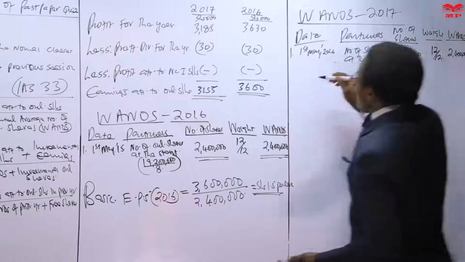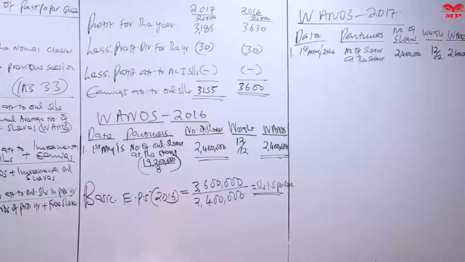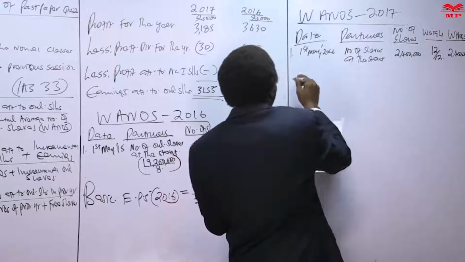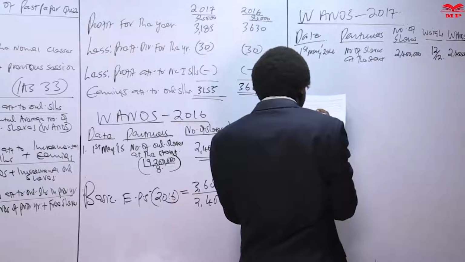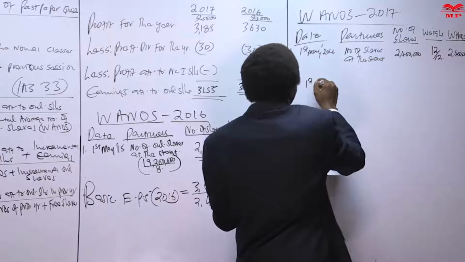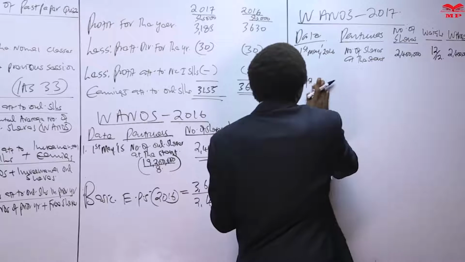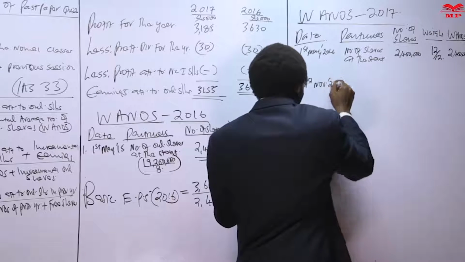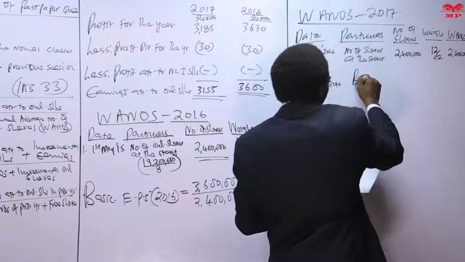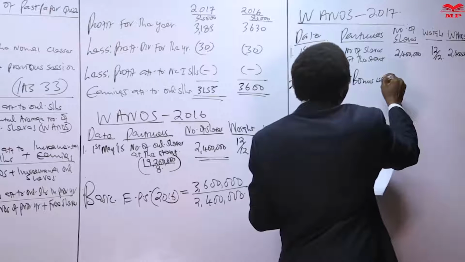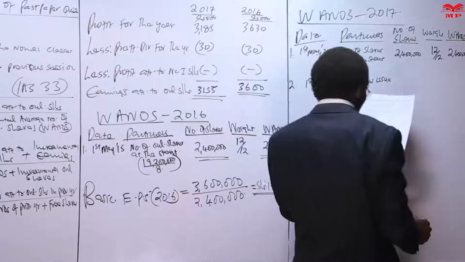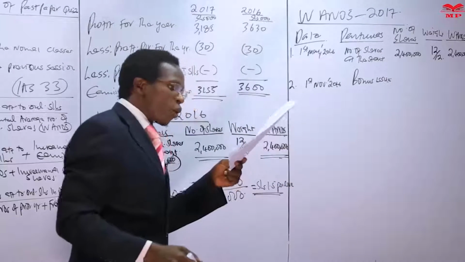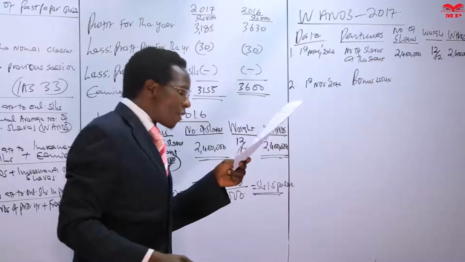Now something happened with additional information number 1. There is a transaction that transpired on 1st November 2016. There is a bonus issue on the basis of 1 ordinary share for every 6.